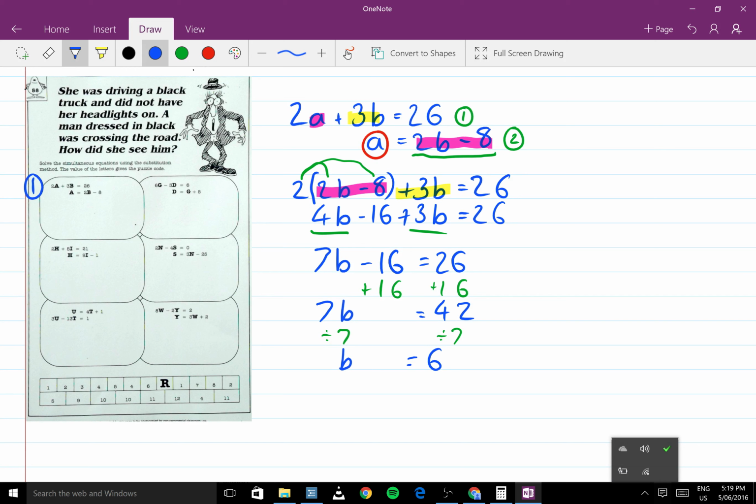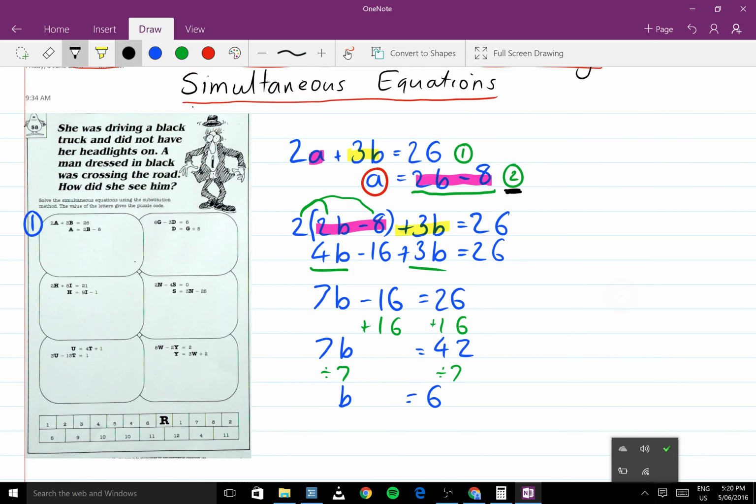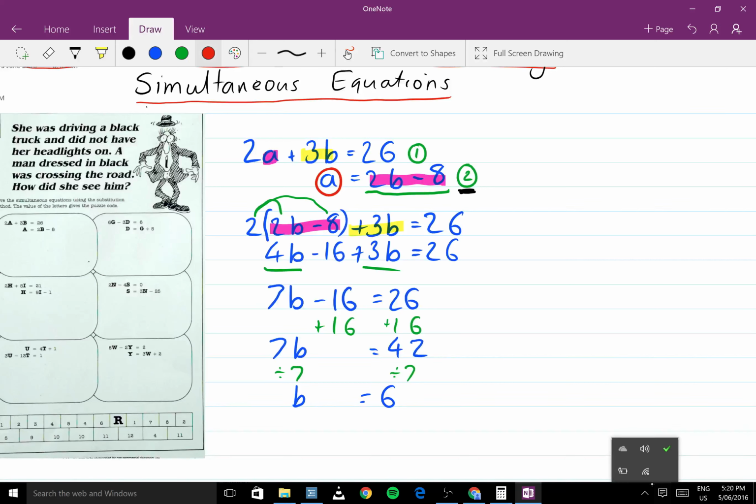Okay, so now I do my second substitution. This really is the substitution method. So for my second substitution, I just go back to that original equation 2, this one over here. And I'll do this next to equation 2, hopefully to make it a little bit simpler for you to follow. Okay, so I've got a equals 2 lots, now I'm going to use b equals 6.